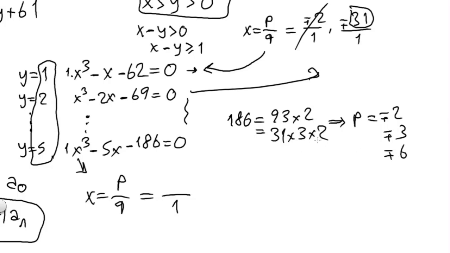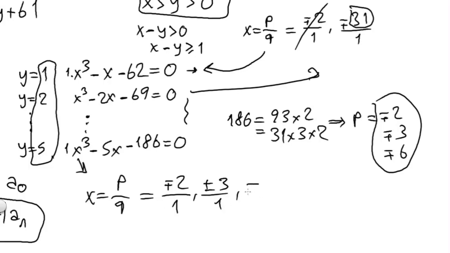Okay, I will only check these ones. I don't need more. So it can be plus or minus 2, plus or minus 3 over 1, and over 6. There are a few more values, but if we just find one, we will be lucky, and we will get a solution.